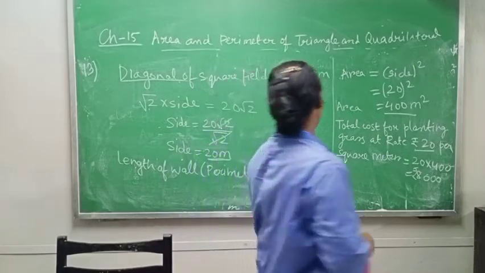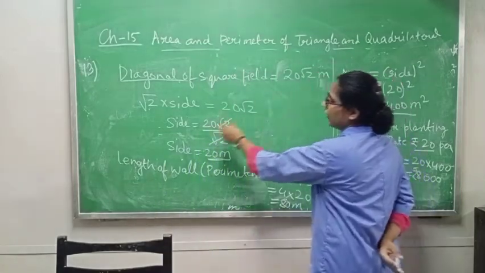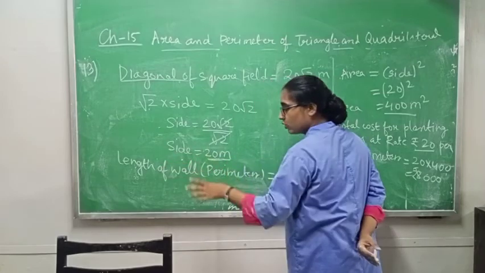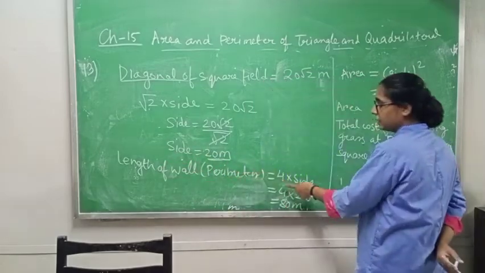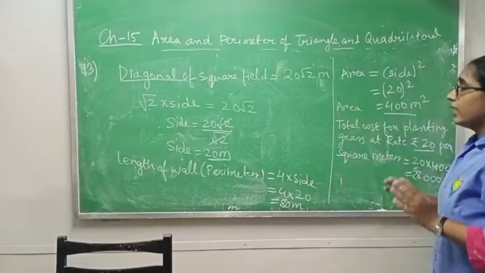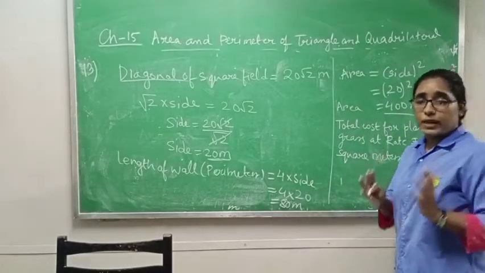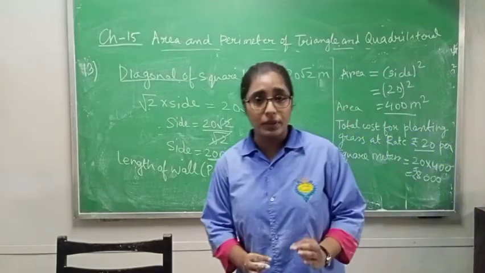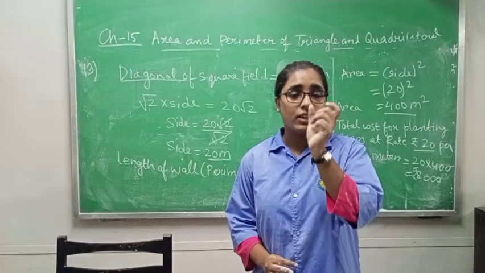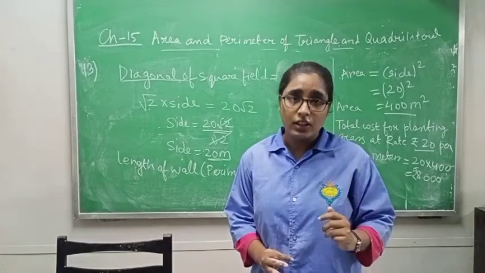Okay. So first what we are doing? First using diagonal we are finding side. When we are finding side, length of wall means boundary. Boundary means perimeter. We are finding perimeter 4 into side, 4 into 20, 80. Now they are telling to find the total cost for planting grass at the rate of rupees 20 per square meter. Seeing this square, I have to find area.